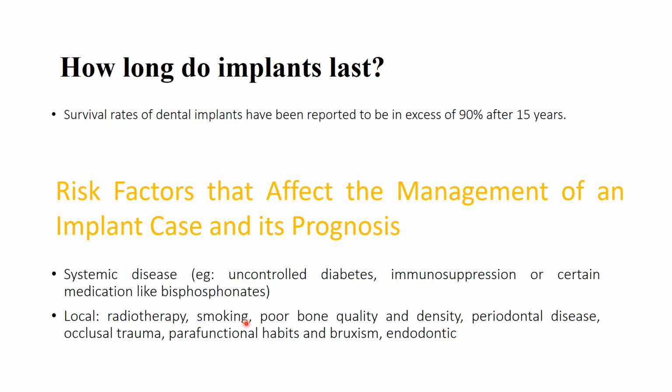Other factors are patients who are chain smokers, patients with poor bone quality and bone density, patients with a history of periodontal disease with the existing dentition, and patients who are known bruxers, who have parafunctional habits like bruxism, or psychological conditions that may predispose them to excessive occlusal loading.